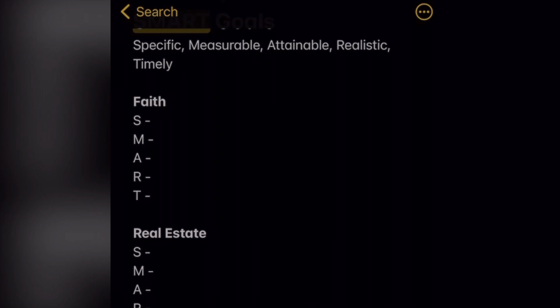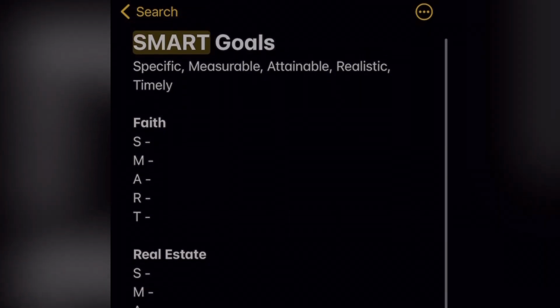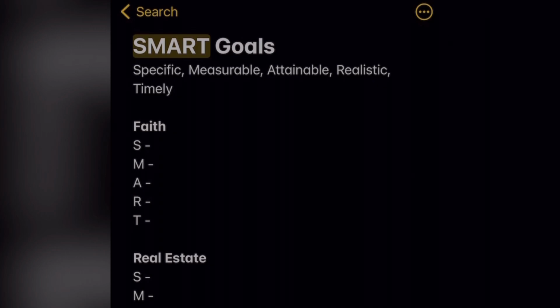Attainable, making sure you set an attainable goal. So instead of saying I want to make $1 million in a year's time, let's just do $100,000, let that be the goal in a year. That's feasible, right? Because you can always add to whatever you're doing, whether it's product-based, service-based, whatever, you can always scale up.